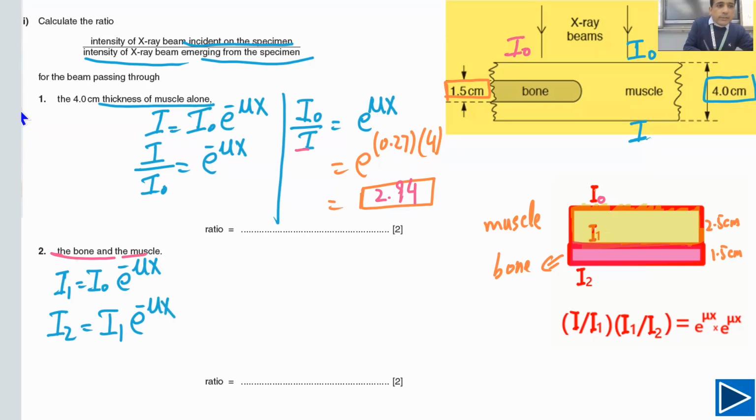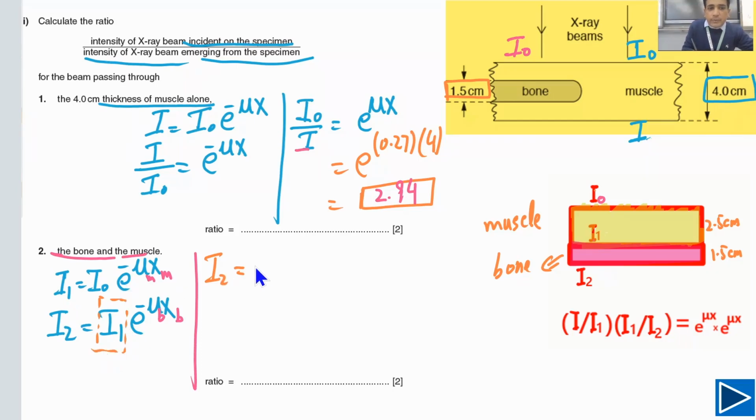We can also write here, for example, this one is for the muscle, you can say M. This one is for the bone, this is B. Now the next step: we need to understand that I2 is equal to I1 times the exponential, so I can replace this I1 with this value.